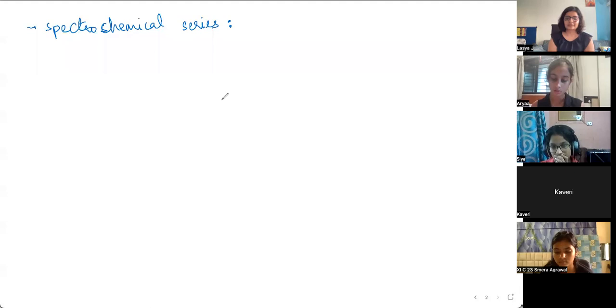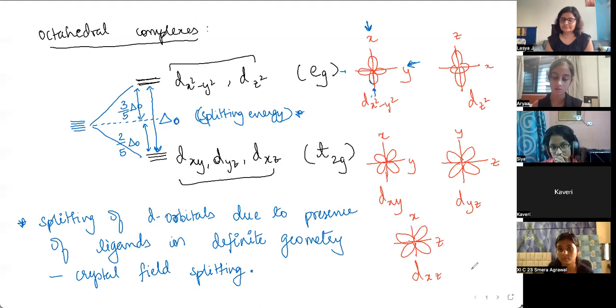Ma'am, splitting of d orbitals means energy wise, right? Yeah. This splitting is happening because the anion is approaching along the axis, in a specific direction. Now, if this anion is pretty weak, it may be weak enough that it won't trigger the splitting at all.